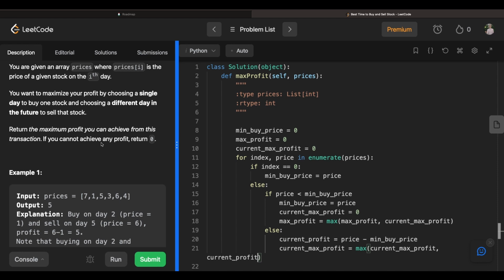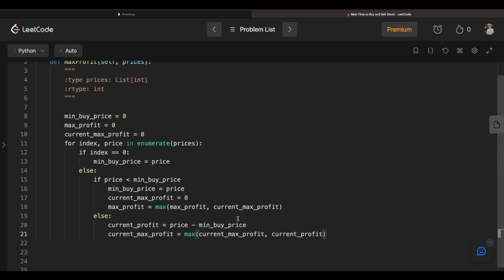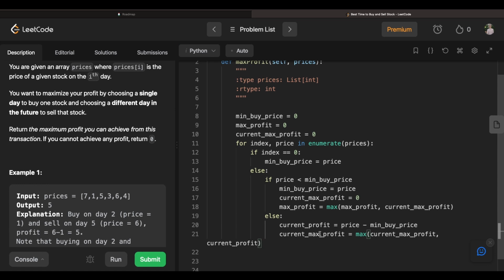Can I make this any bigger? Yeah, that's fine for now. And then, now that we have this, would it be crazy to think this might work? Because then at the end, all we do is return max profit.